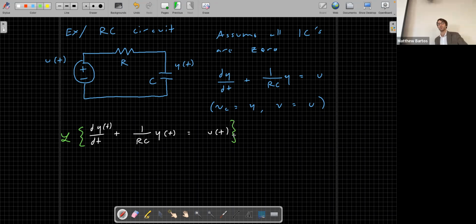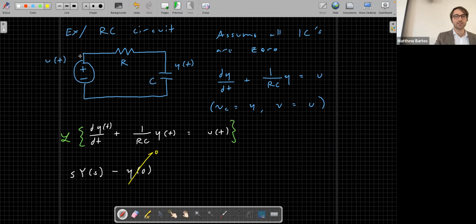So what does each of these terms become when we apply the Laplace transform? Let's use the properties that we discussed earlier. What does this first term become? Right, it'll become s Y(s) minus y(0). Note that we said all initial conditions are 0, so this becomes 0 for the purposes of this demonstration.